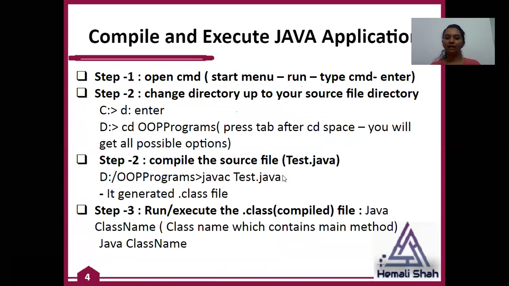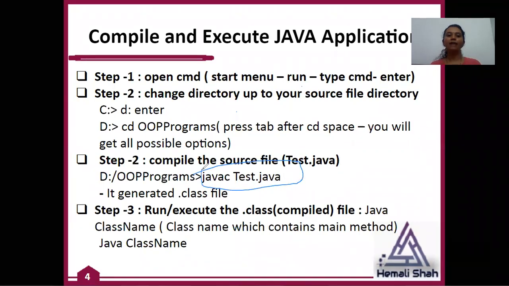Test.java is the file name. This is the command to compile your source file. And then to execute your program, we used java, then space, then the class name of our program, the class name that we have used inside our program.